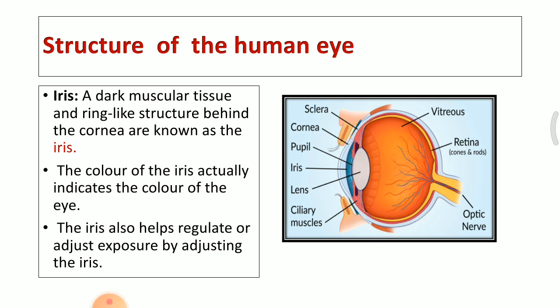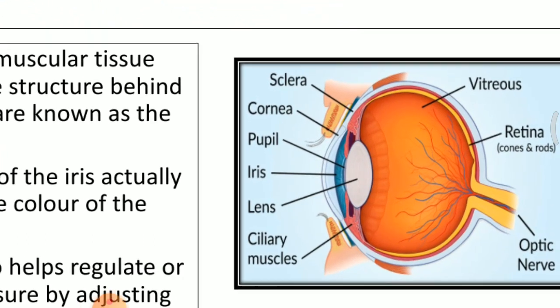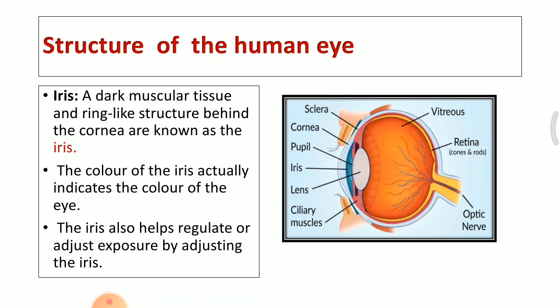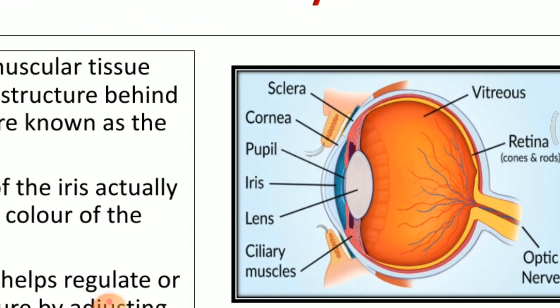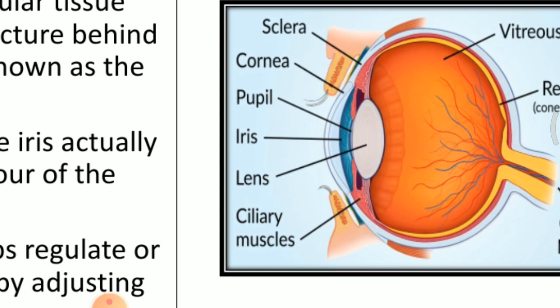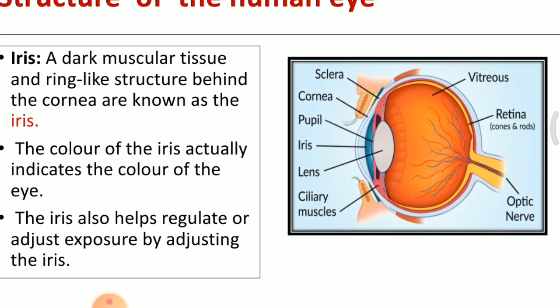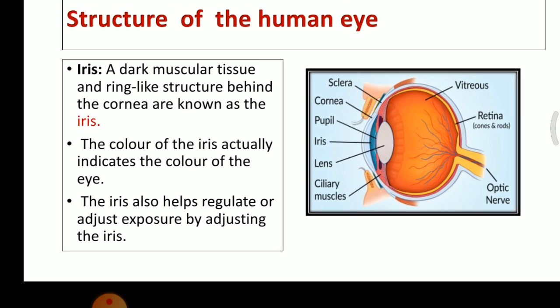The next part is iris. Look at this image. Here the iris is blue in color. A dark muscular, ring-like structure behind the cornea is known as iris.